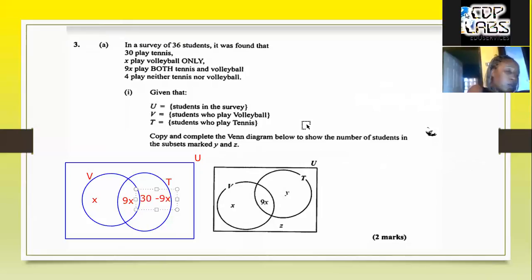What should I replace Z with? Look where Z is. 4. Very good.